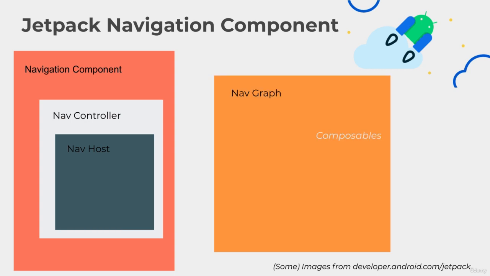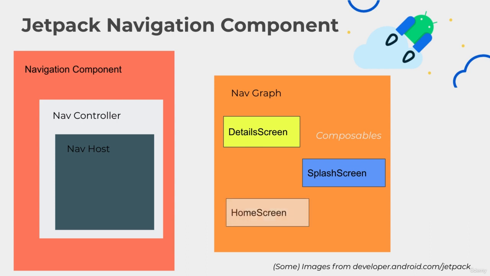I want to emphasize the nav graph. It would look something like this. In this case, we're talking about composables. The nav graph would have, for instance, a detailed screen, splash screen, and home screen, and many other screens. But most importantly, there would be more information about these nodes, how they are interacting or how they could interact.